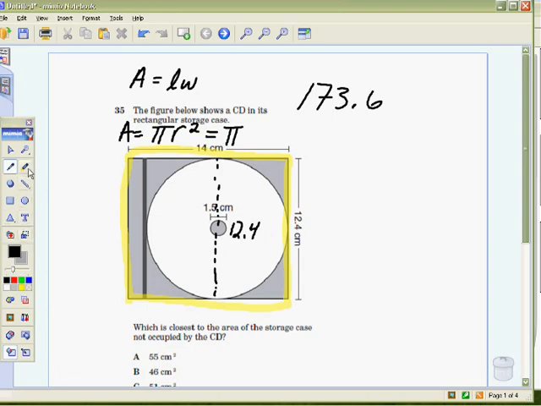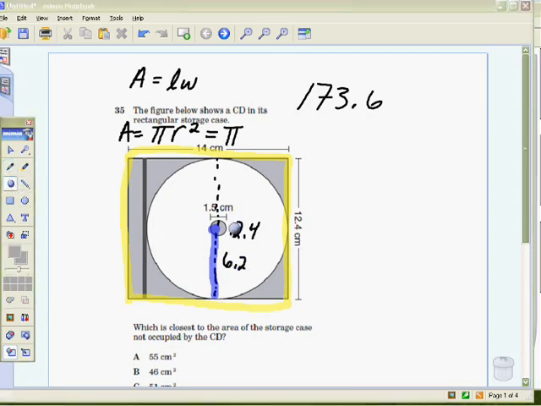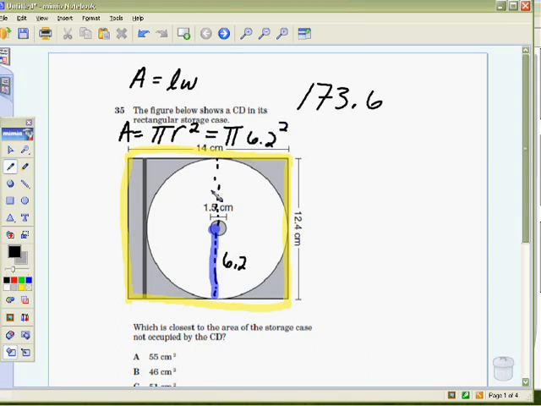Which then means that my radius from the center to the outer edge is half of that, which is going to be 6.2. So let's think about us having a big circle there with a radius of 6.2. So pi times 6.2 squared.